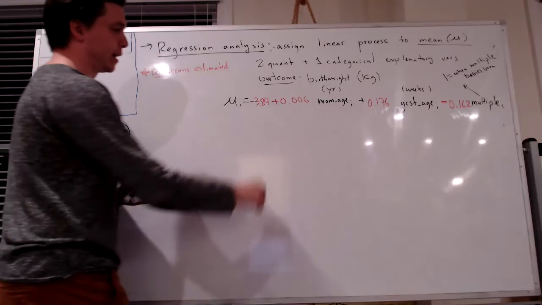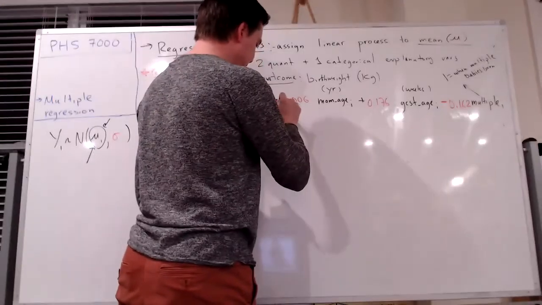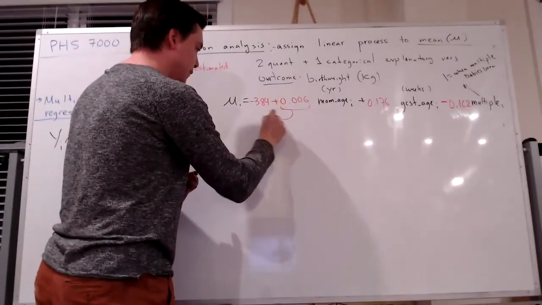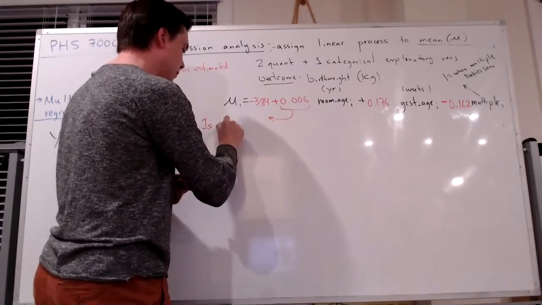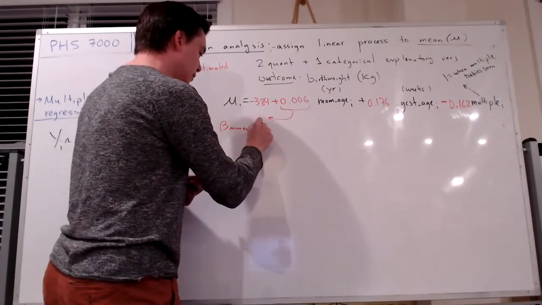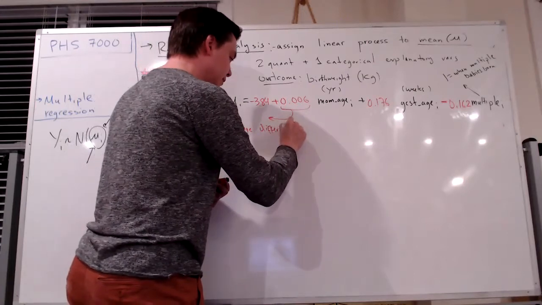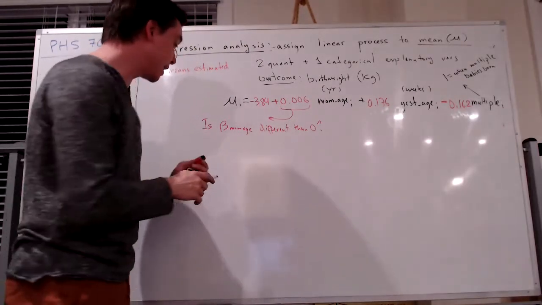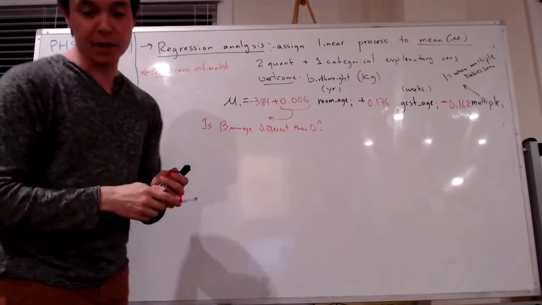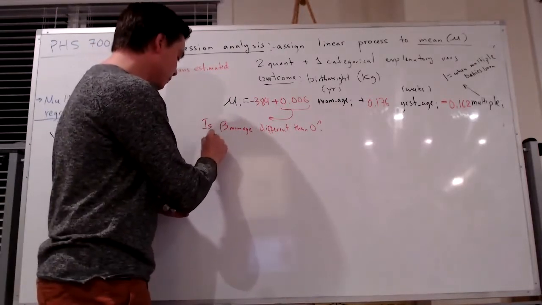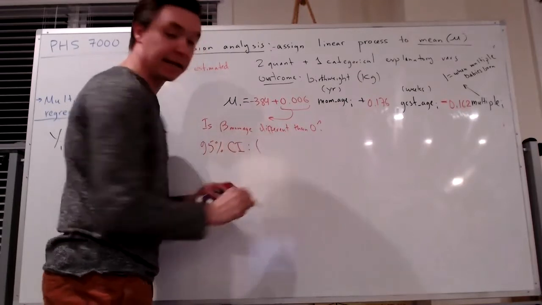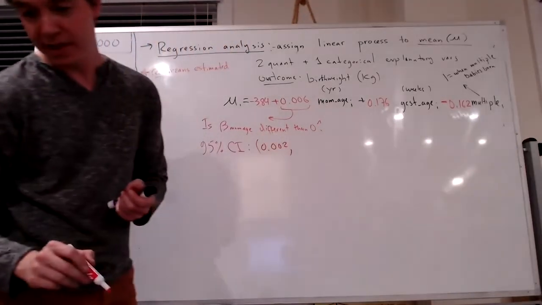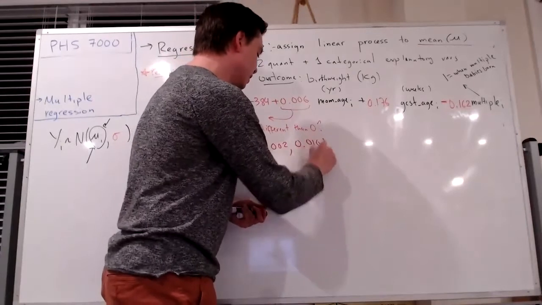Number one. Number two, it's fair to ask, man, this is a small coefficient. Is the coefficient statistically significantly different than 0? Is beta mom age different than 0? Well, I can look at the p-value that tests the hypothesis that it's equal to 0, but better yet, you can record the 95% confidence interval, CI for confidence interval, and it actually comes out to 0.002, 0.010.